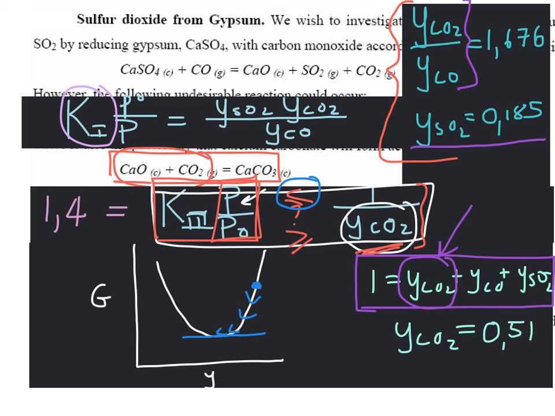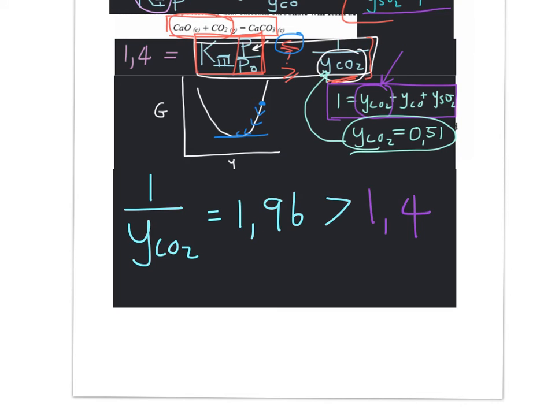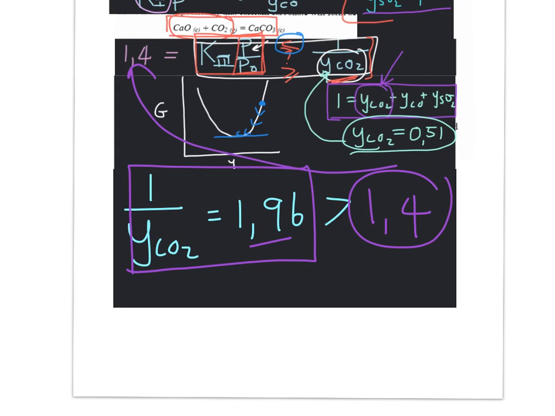With the mole fraction that we determined of 0.51 substituted into that relationship, we can determine that 1 over carbon dioxide is 1.96, which is larger than our equilibrium constant relationship, and this implies that we are on the blue side of our graph and the reaction will be suppressed.